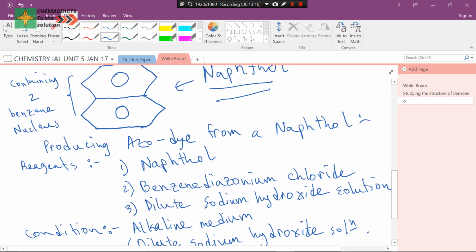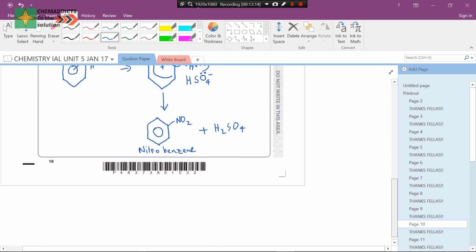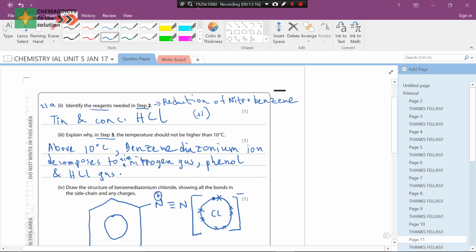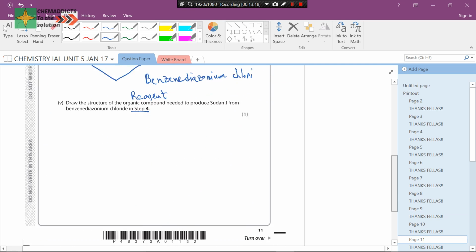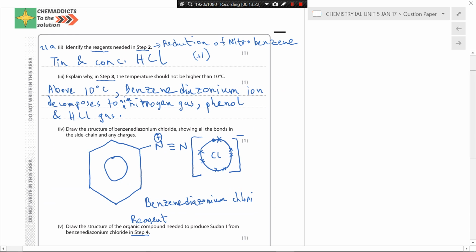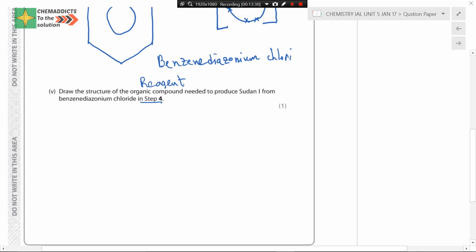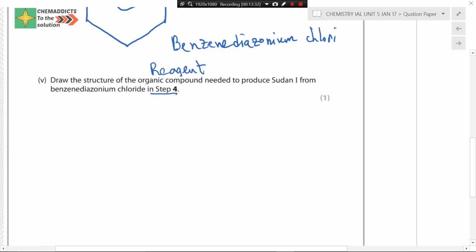So now let's get back to the question. Draw the structure of the compound needed to produce Sudan I from benzene diazonium chloride in step 4.